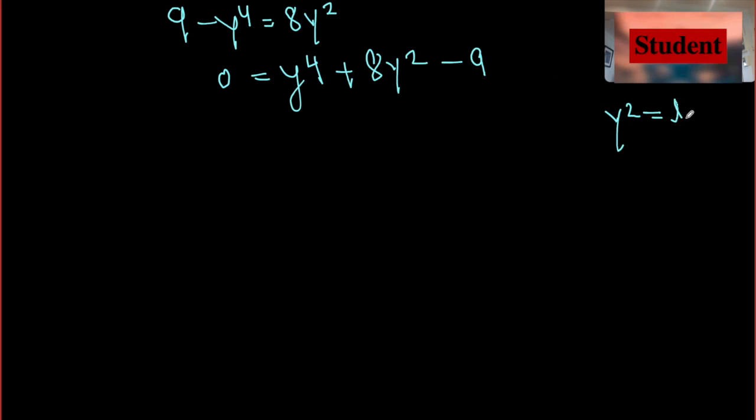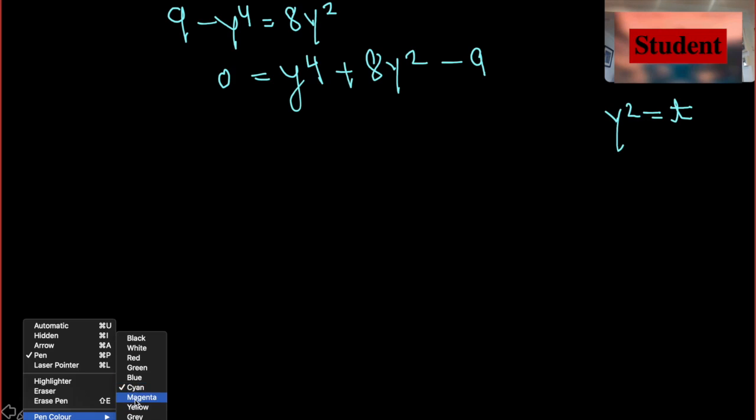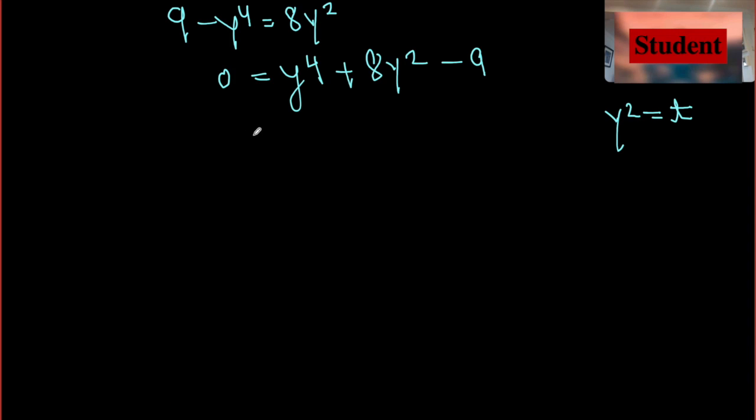Can I do that? So y² as t. So this will become t² + 8t − 9 equal to 0. So this is a quadratic equation and you can solve it.